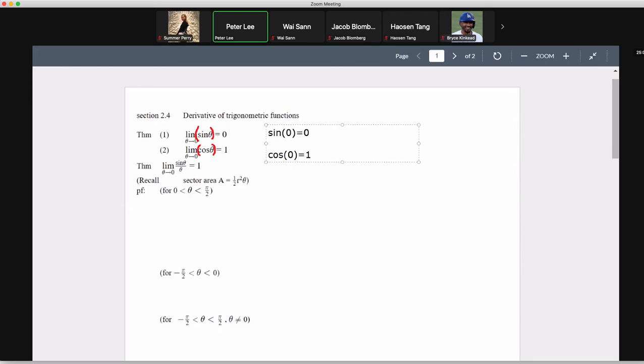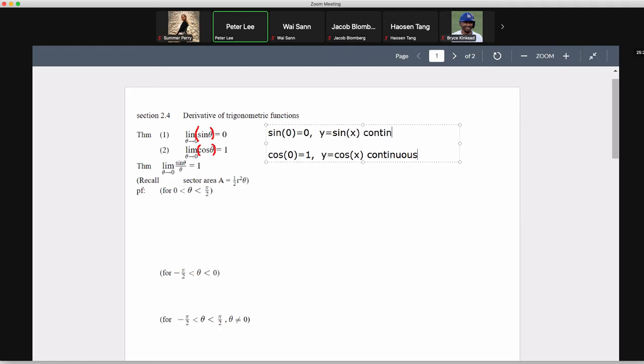Cosine 0 is 1. Also note that we assume that y equals cosine x squared is continuous, and y equals cosine x is also continuous. So those are the things we assume. Even though we didn't prove that, we will assume that.